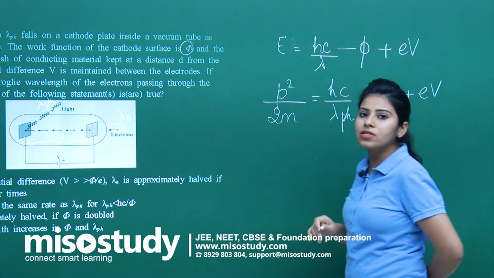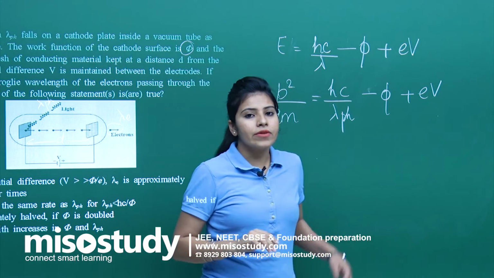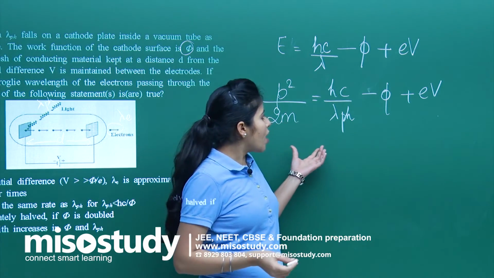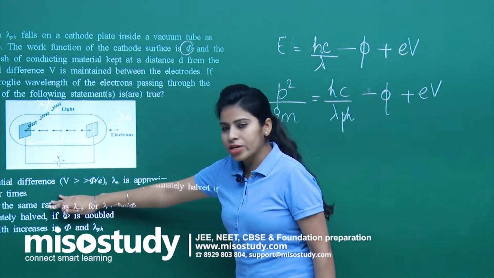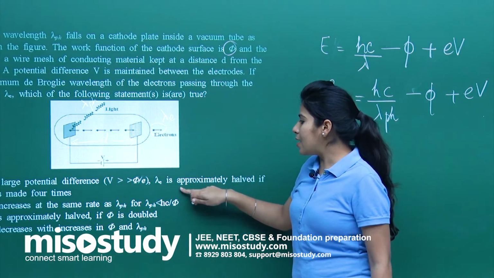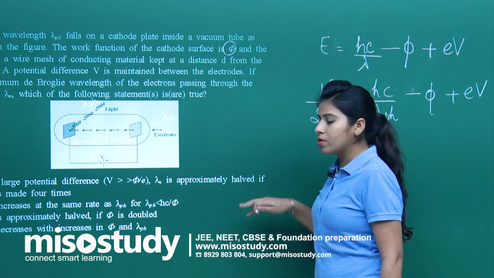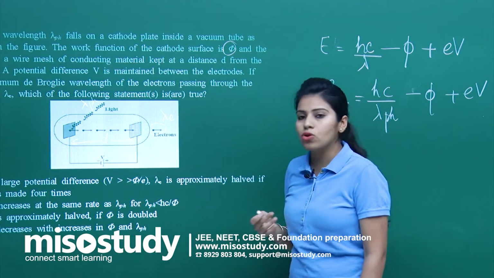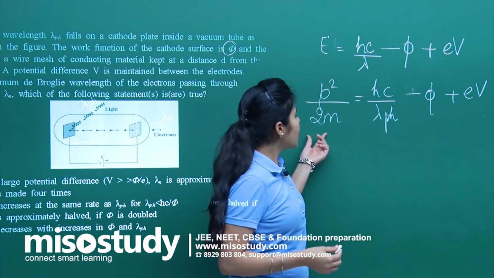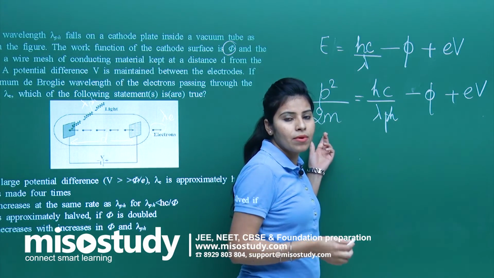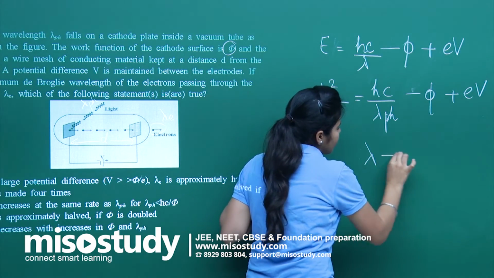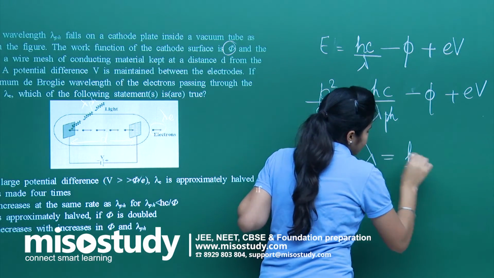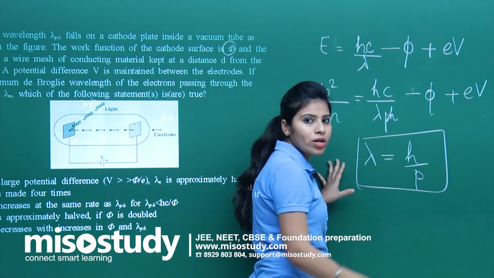Now you are having this equation with you, and what you have to do is find out whether for large potential difference lambda E is approximately halved if V is made 4 times or not. We are having P square by 2m. You know that there is a relation of de Broglie wavelength, h by P. This is a de Broglie wavelength.